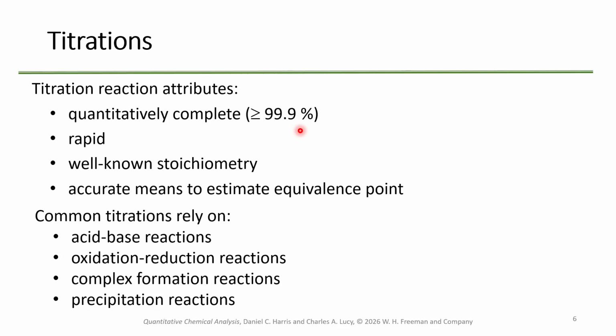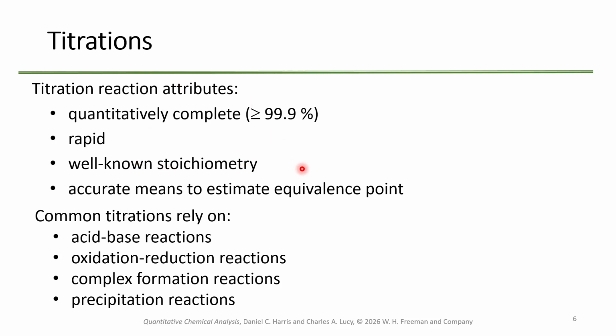Who here thinks you got 99.9% or better in the gravimetric analysis? Probably not, right? It's difficult to get all of it to the next stage, especially if you have to do reactions in flasks and stuff. If we could shorten that up, we could do better.